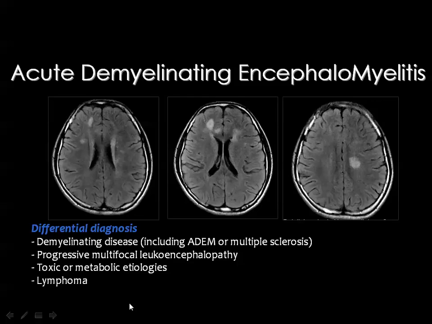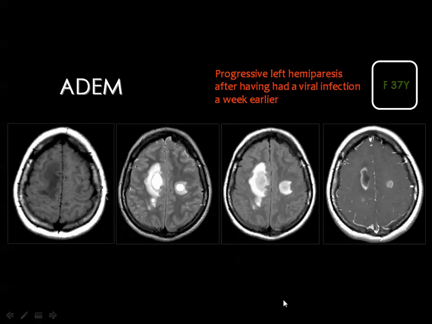And the lesions of MS are more symmetric, and the relapsing and remitting course is one of the characteristics of MS. Then acute demyelinating encephalomyelitis will show multiple foci in the white matter, sometimes in the cortex, low signal in the T1, high signal in the T2, and high signal in the FLAIR, with no enhancement after contrast injection.